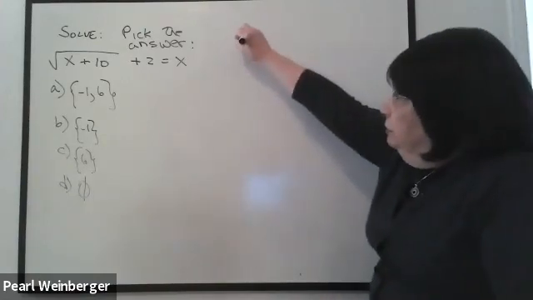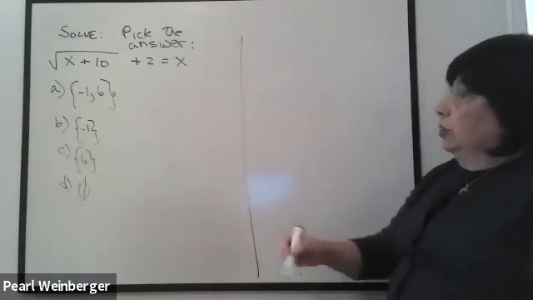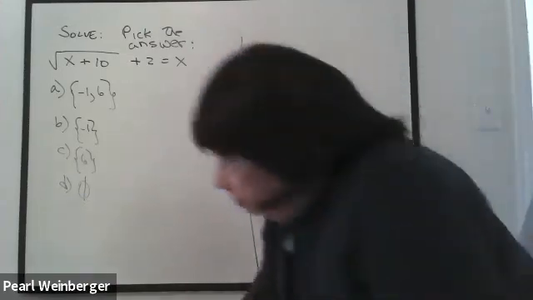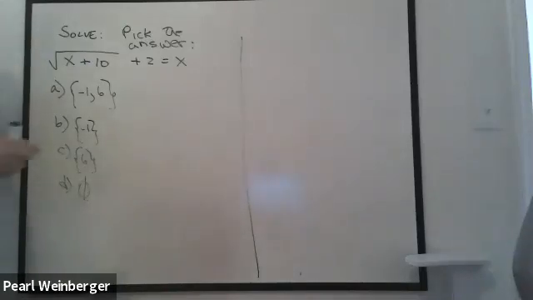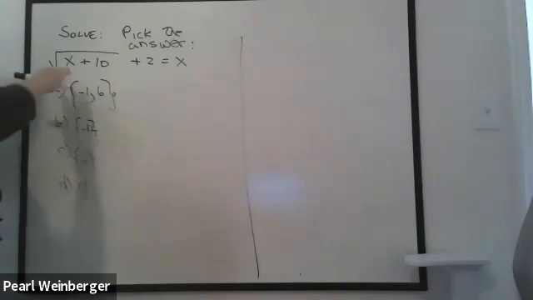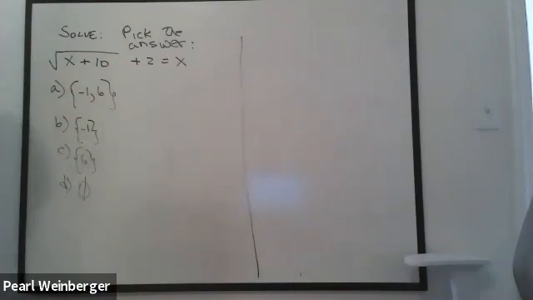So let's first discuss what would happen if we wanted to do this example. It's a multiple choice example, and it's a radical equation. And if you recall what I said about radical equations, once you do a radical equation, you always have to check your answer.